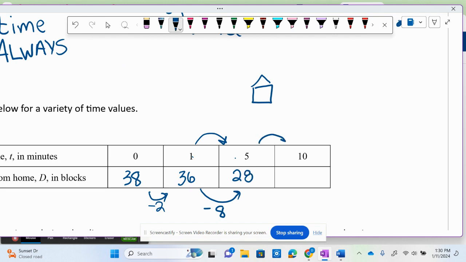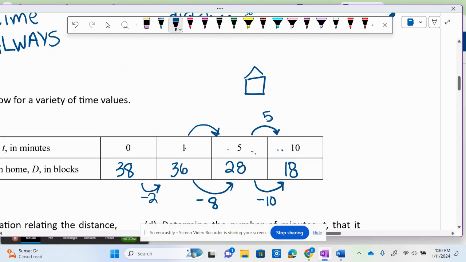And then how many minutes am I walking here? 5 minutes. And 5 times 2 is 10. So I have to subtract 10 from there. So after 10 minutes of walking, how far is Evan from her house? 18 blocks.